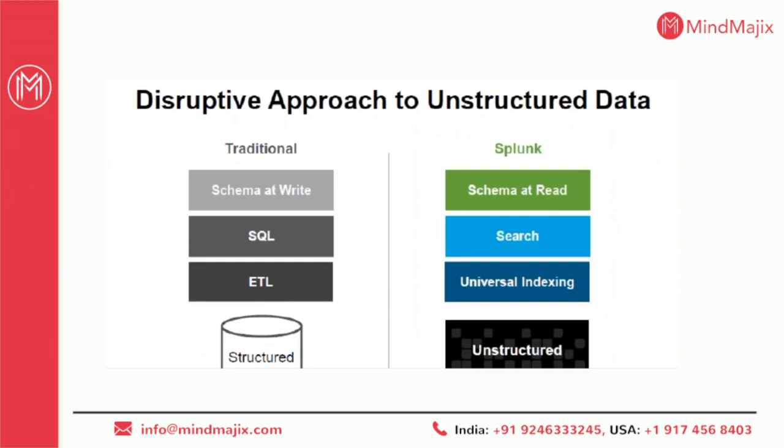That makes its write performance much, much faster. Splunk can also read the data in parallel from multiple nodes so that the search does not need to wait for long. That is the key difference between a normal database and Splunk.